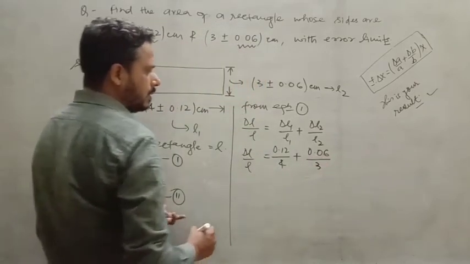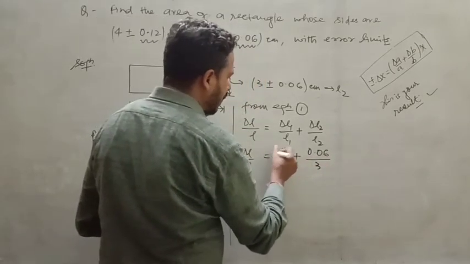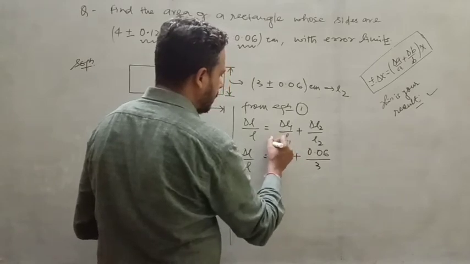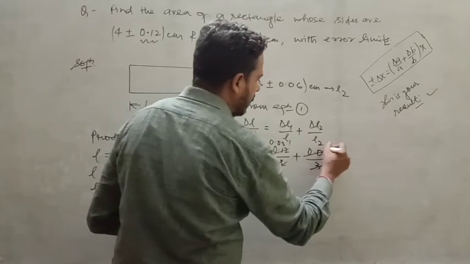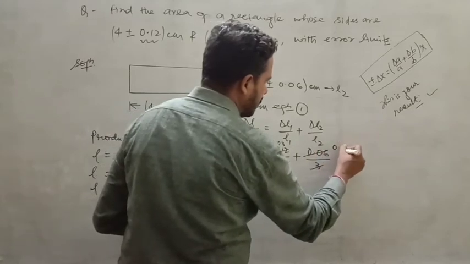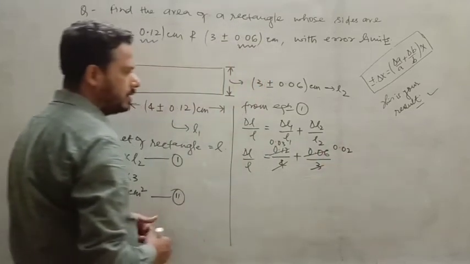So what happens from here? 4 is cancelled, giving 0.03, and this one is cancelled, giving 0.02.